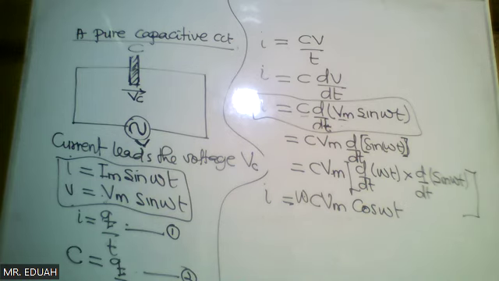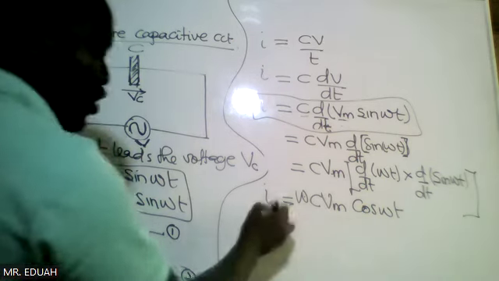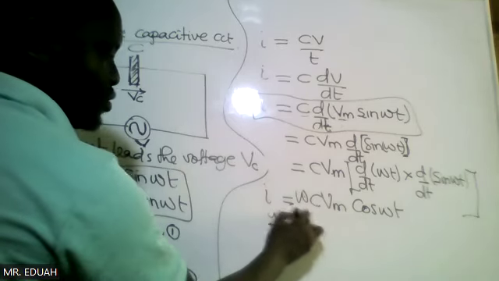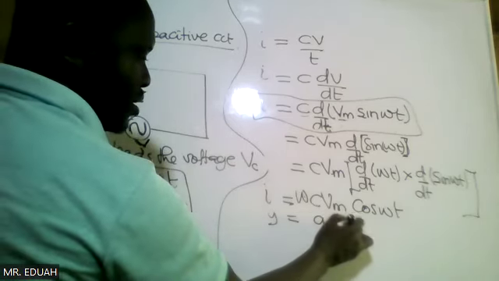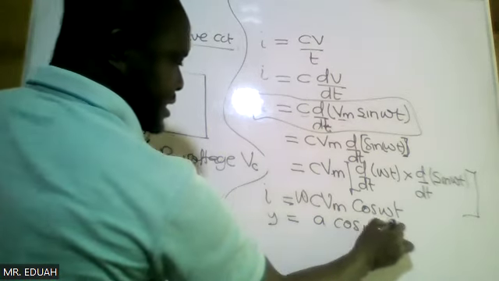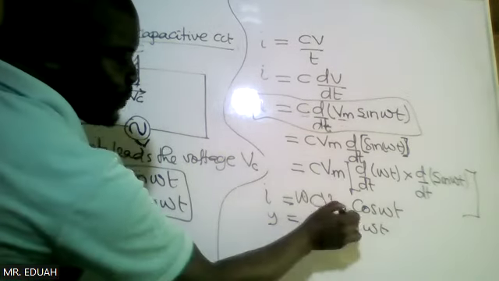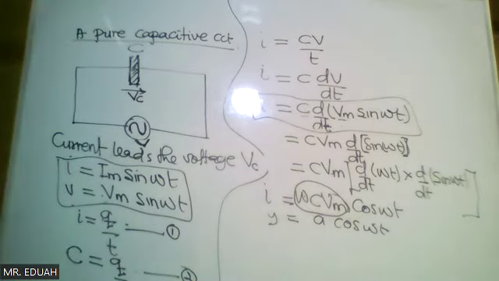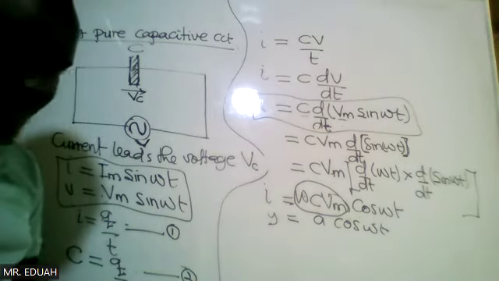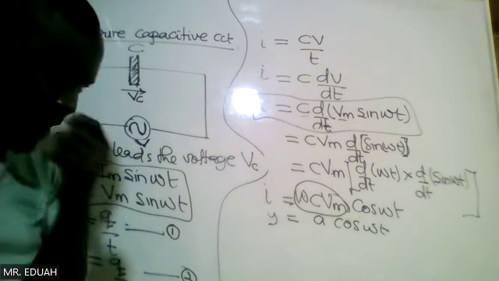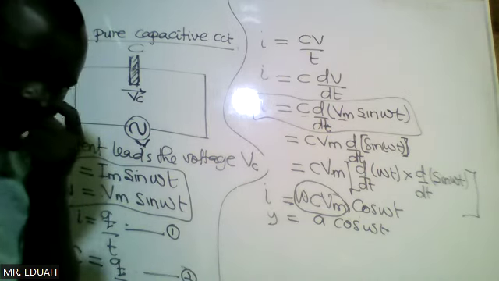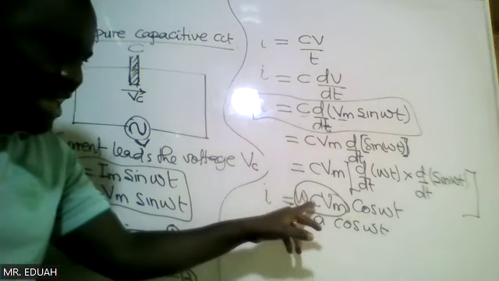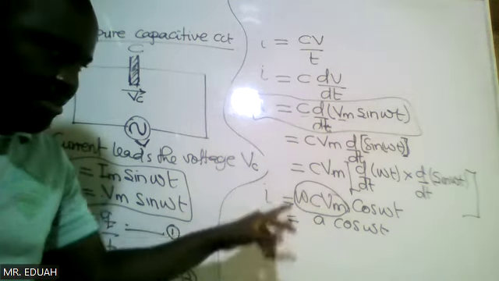Yes, please. All right. So when we compare these two, y is equal to a cos omega t, you realize that this part, what I've clouded, is equal to what? This is equal to A. Good. So this is the maximum current.